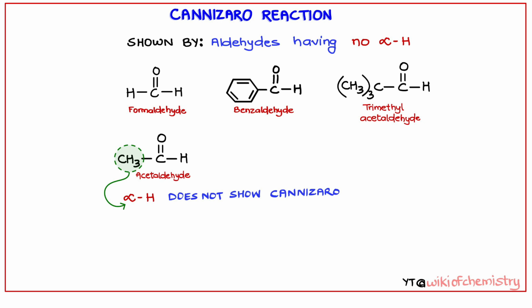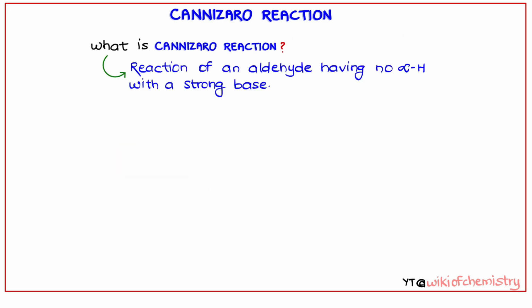Okay, so once we have understood which type of aldehyde shows Cannizzaro and which does not, let us learn about what is Cannizzaro reaction. As we discussed, this is the reaction of an aldehyde having no alpha hydrogen with a strong base. Okay, so what happens in Cannizzaro reaction?